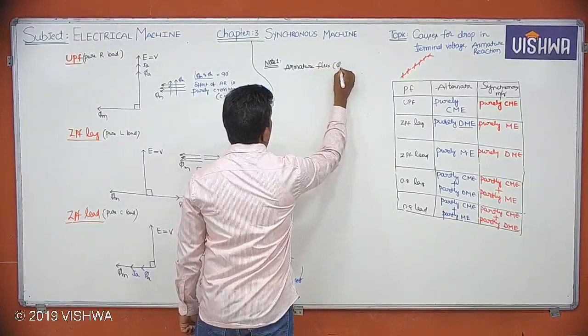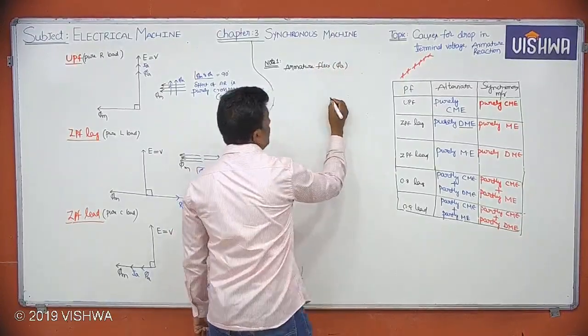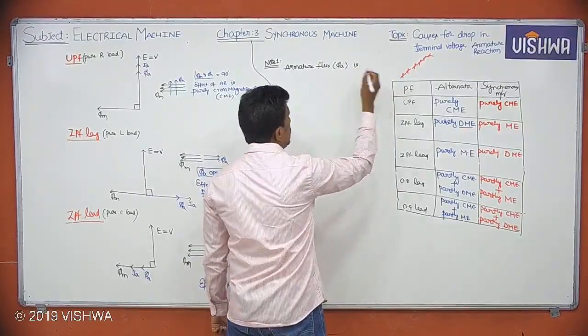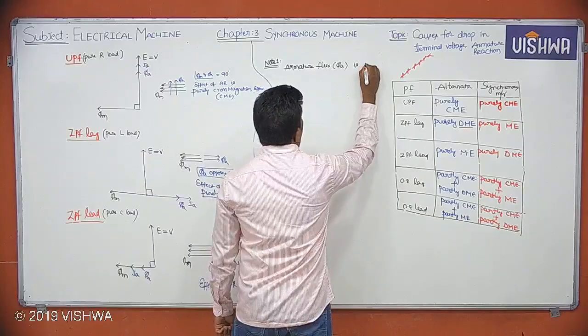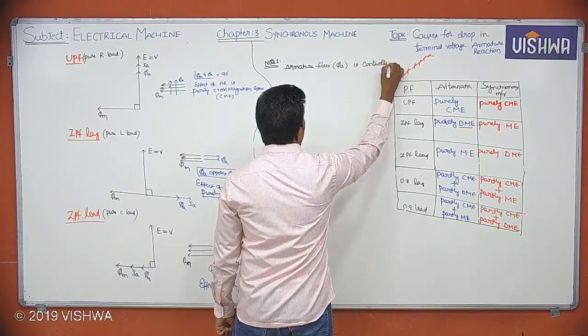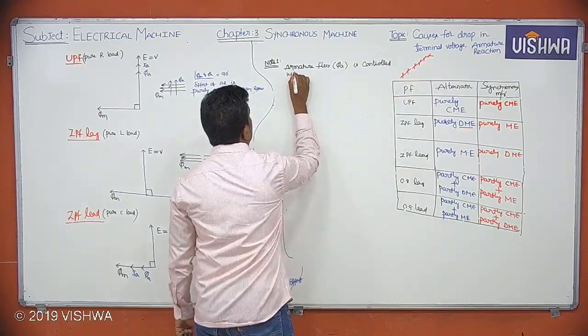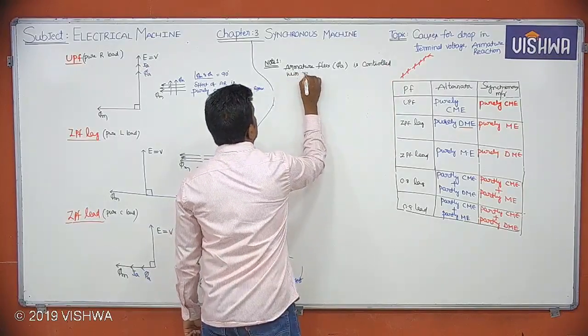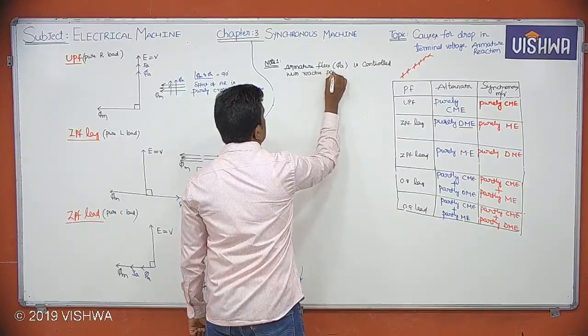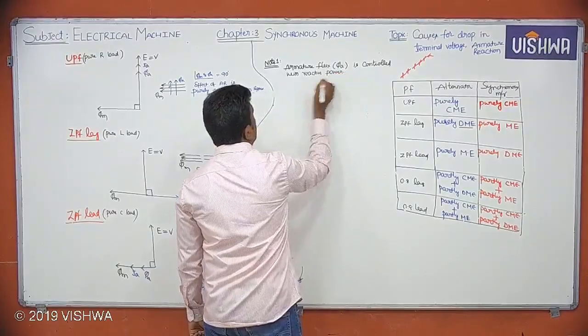First point here: the armature flux phi A is controlled, or changed, with reactive power. Very important, please remember reactive power. This note is very important.